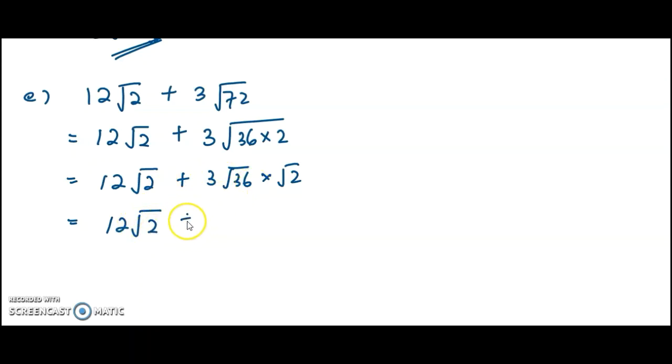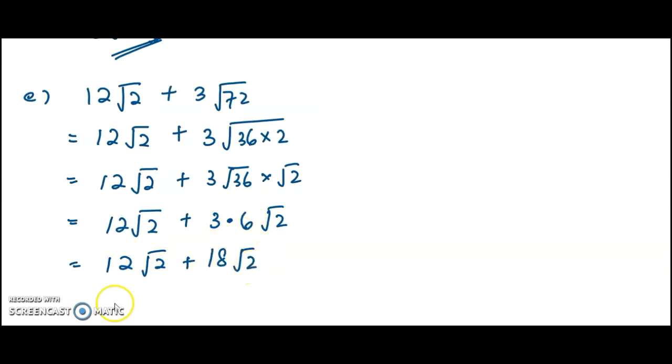I use a dot to represent the multiplication. This is 6 multiplied by surd 2. So I have my 12 surd 2, and multiplying 3 and 6, you get 18.